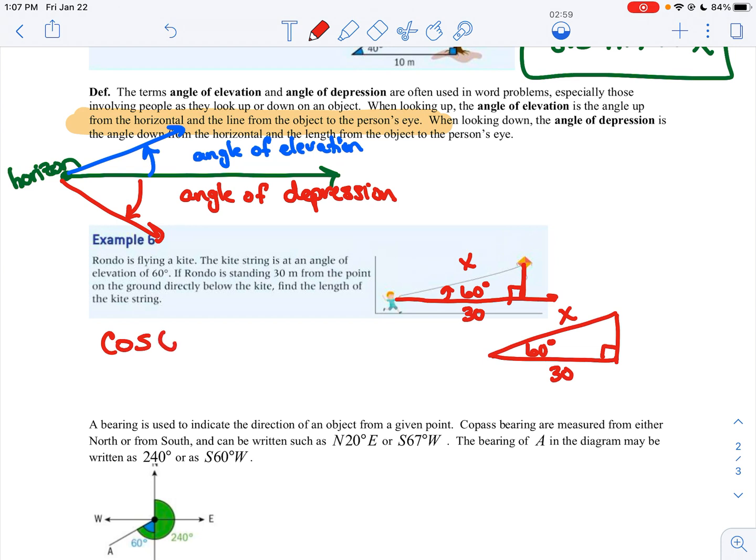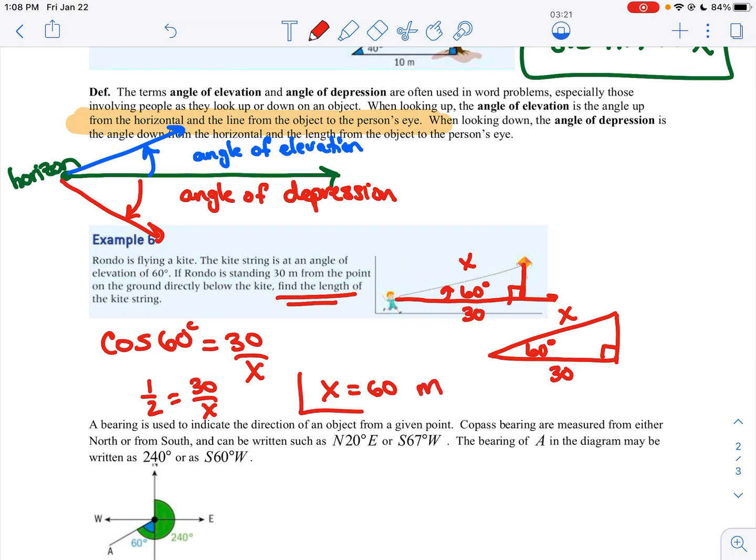So you're going to say cosine 60 degrees equals 30 over x. Now, when you see 30, 45, 60 degrees, you should not touch the calculator. Okay, cosine 60 is 1/2. Then you just cross multiply, x is 60. Now 60 is the length of the kite string, and it's in meters.